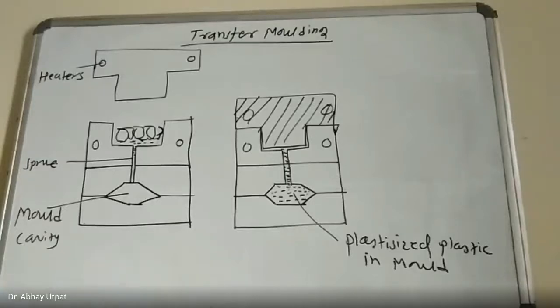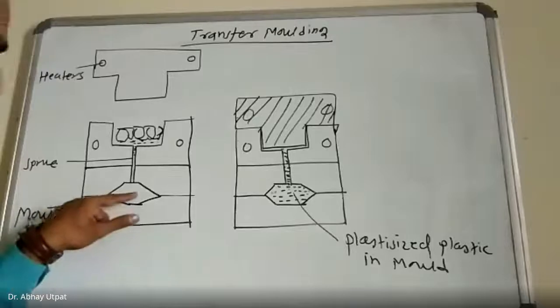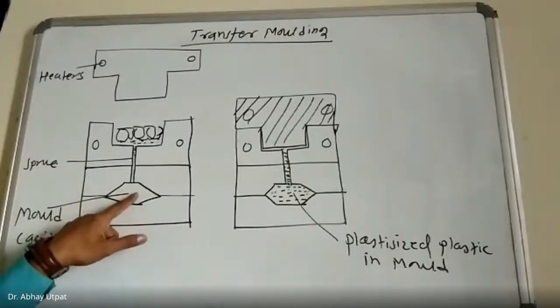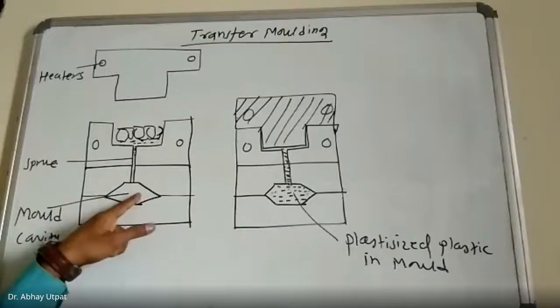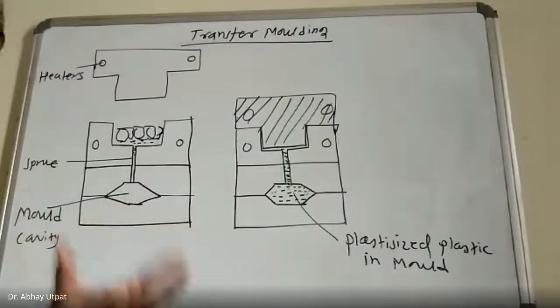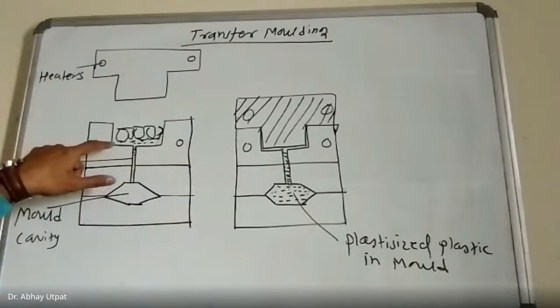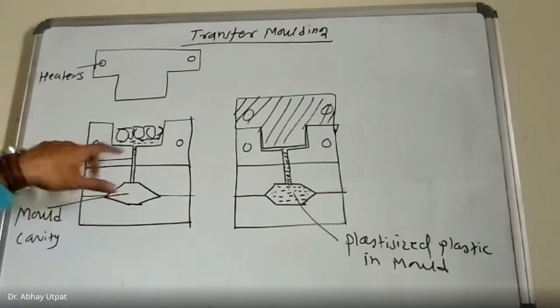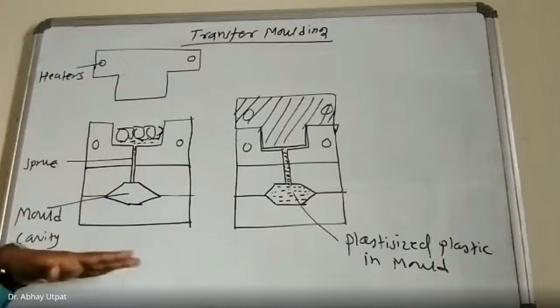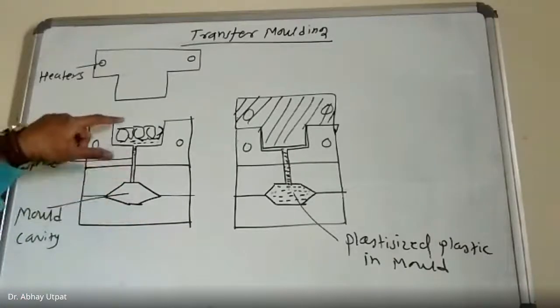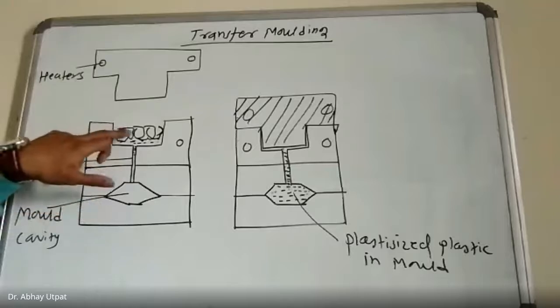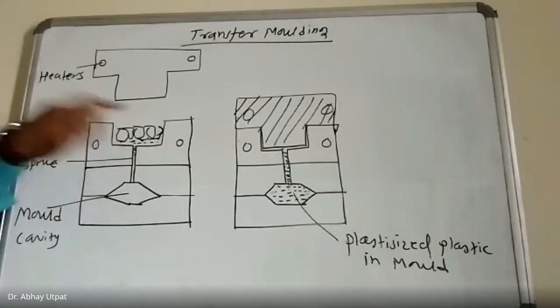I hope you are understanding. I'm going to repeat the explanation once again. This is the cavity, your desired cavity. In this cavity, you are going to get your object. But now, one more extra cylinder is provided at the upper side of the upper jaw, and in that cylinder, the plastic to be plasticized is kept.